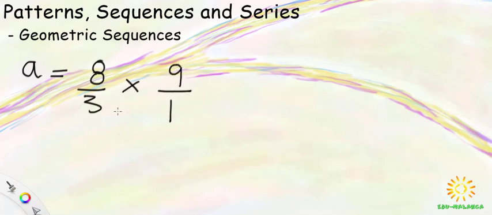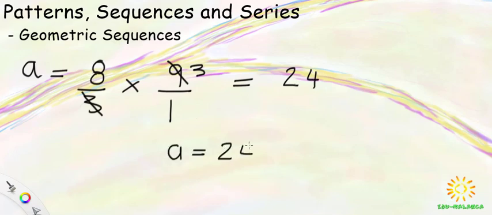Let's simplify this expression. 9 can be divided by 3, so the 3 would cancel out. 9 divided by 3 is equal to 3. Then the denominator is completely gone, and our answer is a is equal to 8 times 3, which is 24. So a is equal to 24.